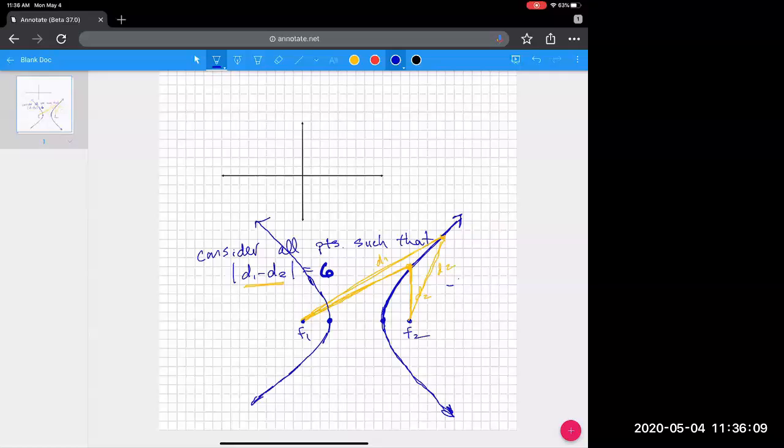And the reason for that is because as you go wider and wider with a parabola, the curves get steeper and steeper and curve more and more. But for a hyperbola, that's not true.